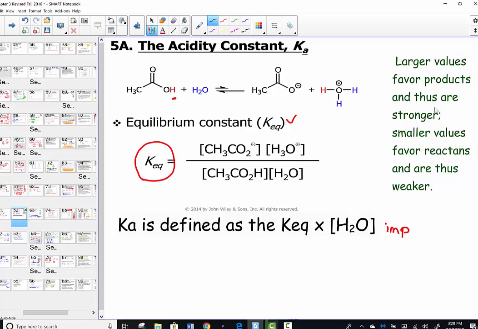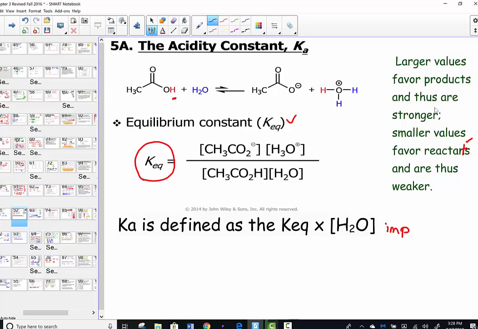The magnitude of the number indicates how strong the acid is. If you see an equilibrium constant that is a very large number, it indicates the forward reaction is being favored. And if you see a very small number, the reverse reaction is being favored.